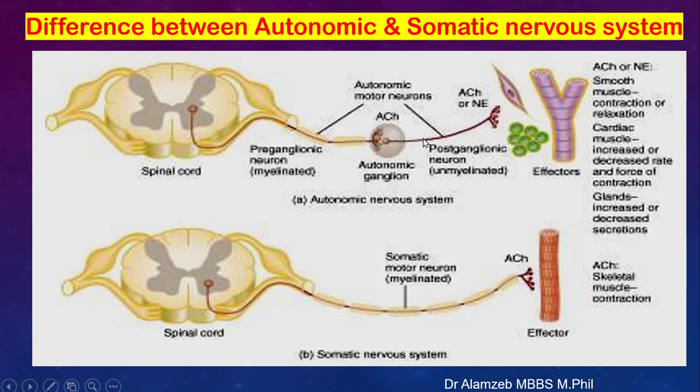In the case of the somatic nervous system, the nerve is myelinated throughout its course from the spinal cord to the effector organ. The postganglionic neuron of the autonomic nervous system secretes either acetylcholine or norepinephrine. Neurons of the autonomic nervous system control smooth muscles and glands, while the somatic nervous system supplies only the skeletal muscle. Physiological anatomy of the sympathetic nervous system.